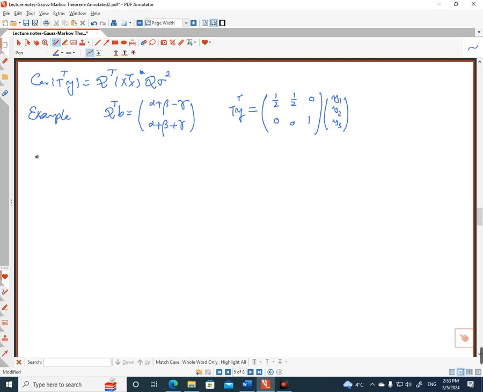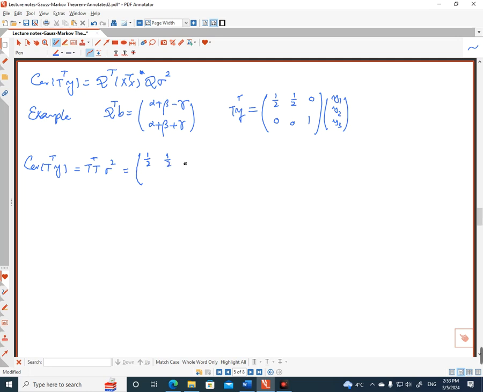Now first of all, I want to compute the covariance of T prime Y straight, without using the theorem. Of course, it is T prime T sigma square, and then I can use the coefficient matrix.